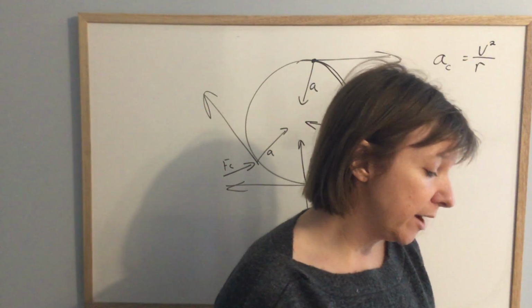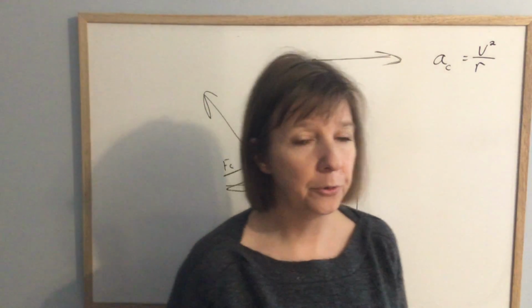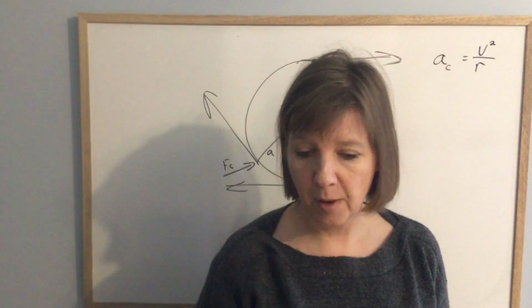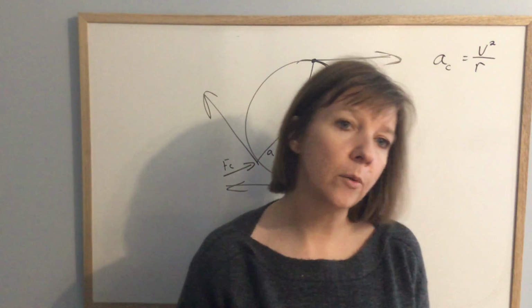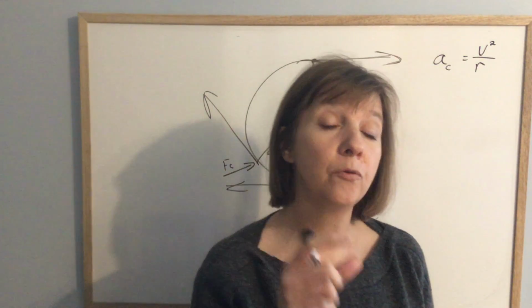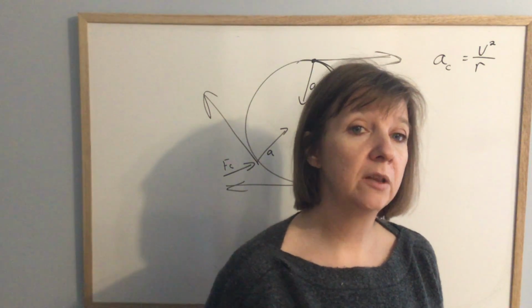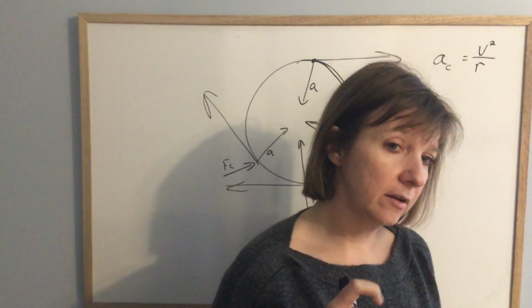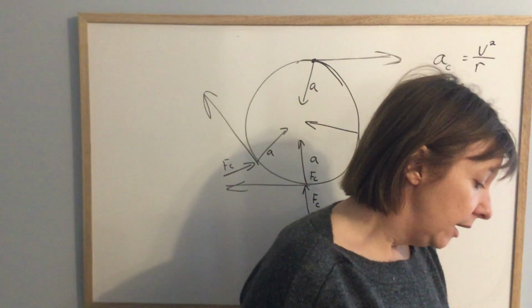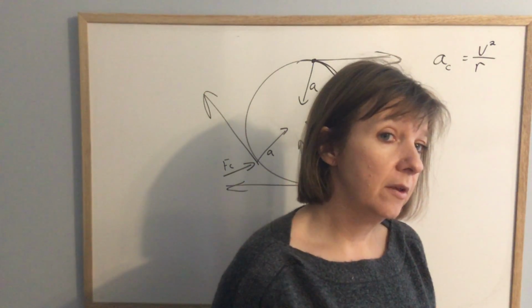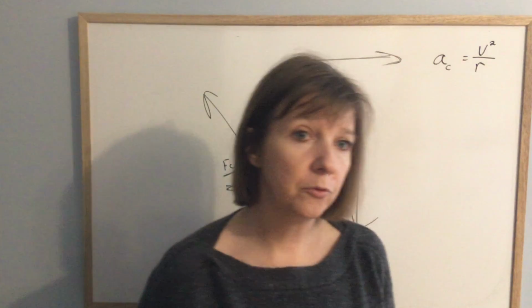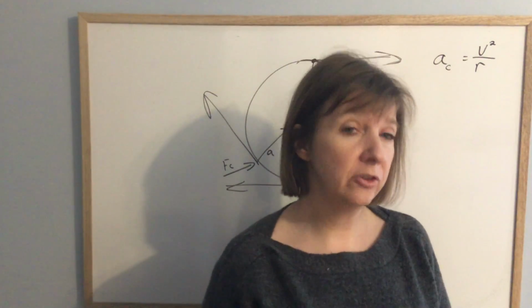So again, what about if I had a yo-yo and I was spinning it around by the string? What's keeping it going in that circular path is the force of tension between the string and the yo-yo. Now, it might just be one force that's contributing to the centripetal force, but it might be a combination of forces.